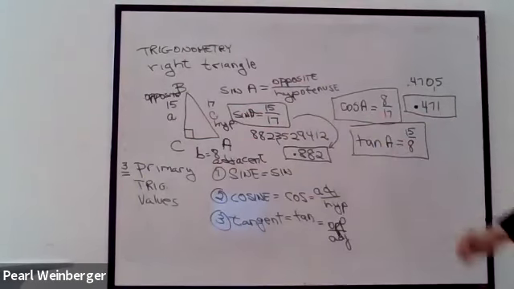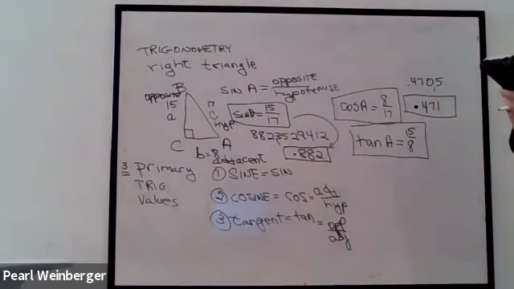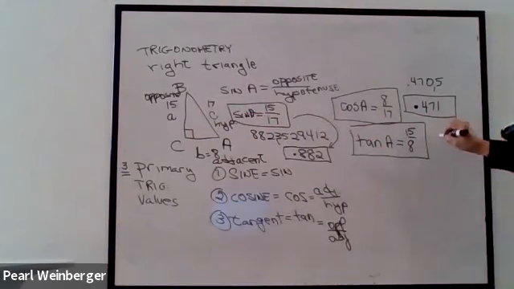That's in fraction form. In decimal form, I'd have to do 15 divided by 8, which gives me 1.875, which comes out to be exactly that. It happens to be 3 decimal places, so I leave it like that.